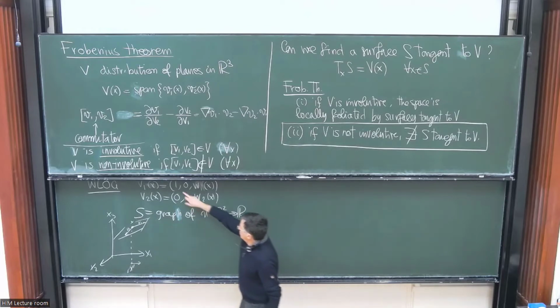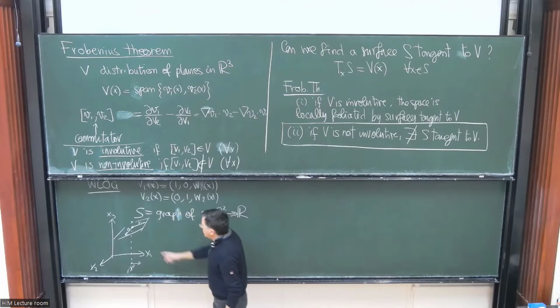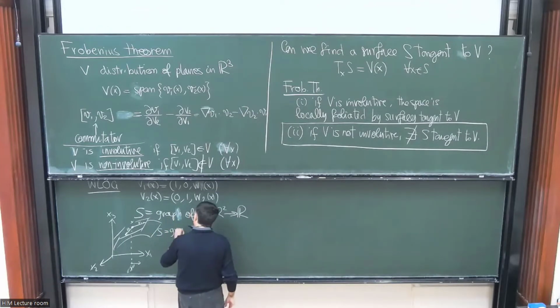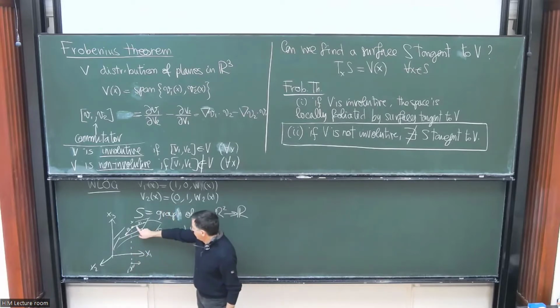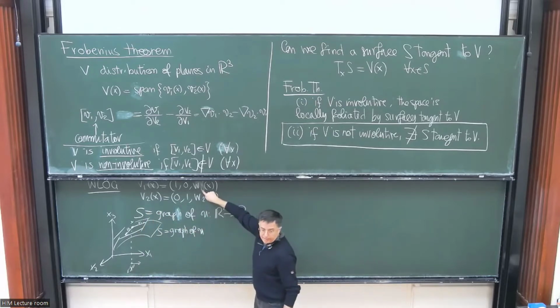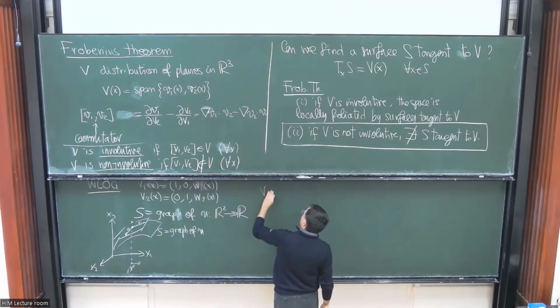So essentially (1, 0) is the projection of the first vector and (0, 1) is the same for the second. So what does it mean that the surface S is tangent to this plane? It means that the partial derivative of U in the first direction is W1. And the partial derivative of U in the second direction is this one, right?